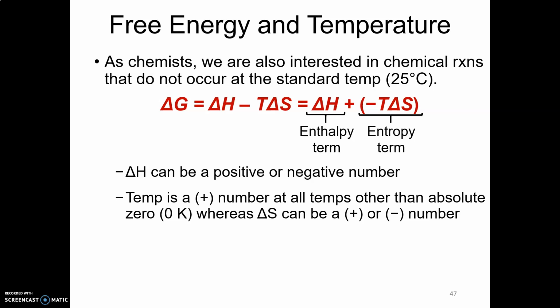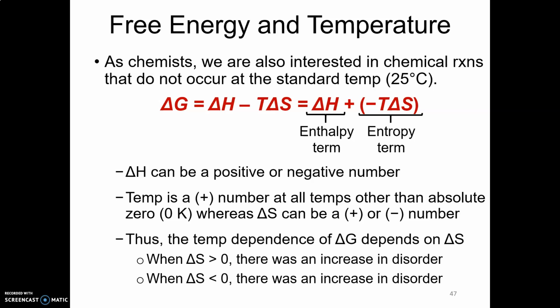Temperatures are always positive, but delta S can be positive or negative, and since it's negative T delta S, when delta S is negative, the entropy term becomes positive. And when delta S is positive, the entropy term stays negative.